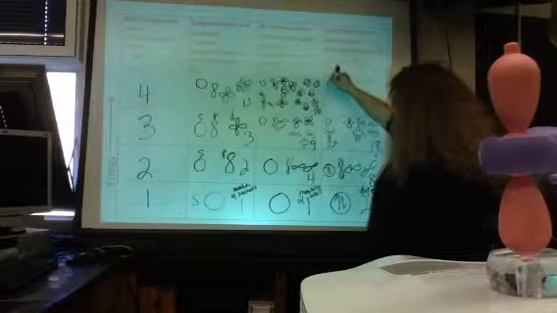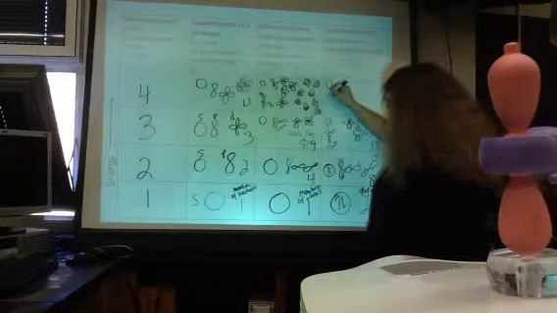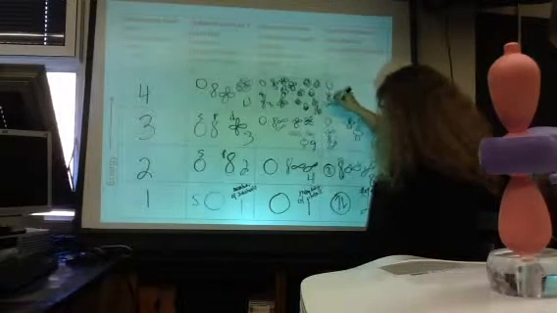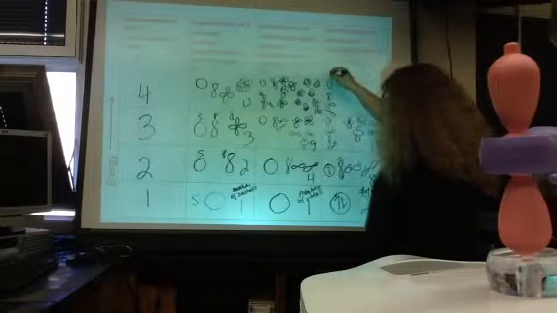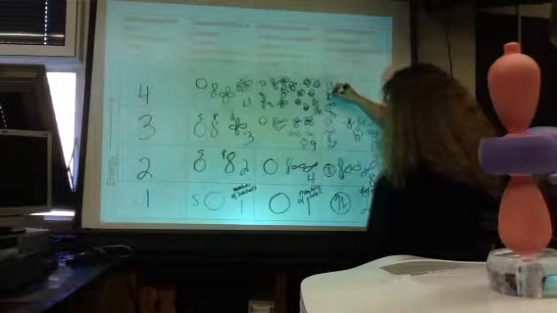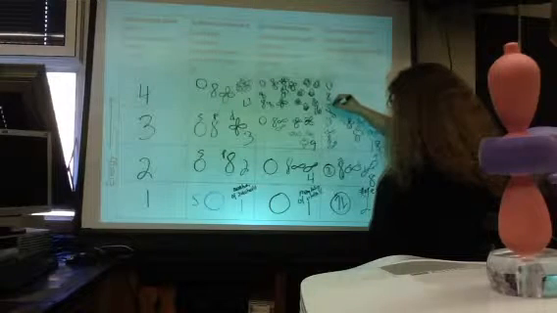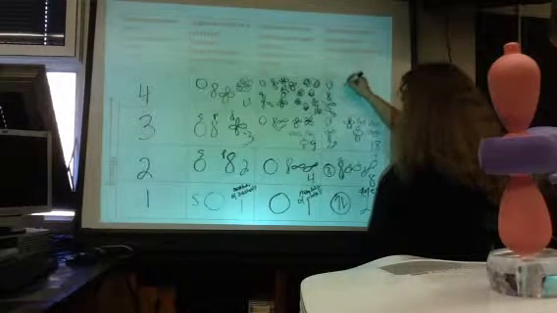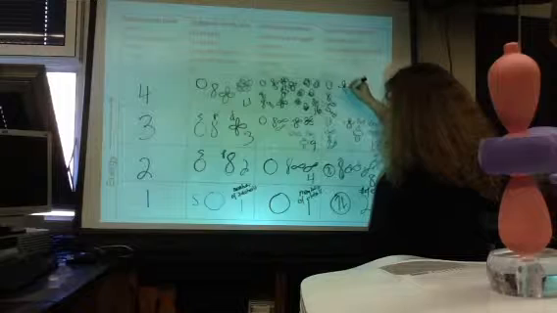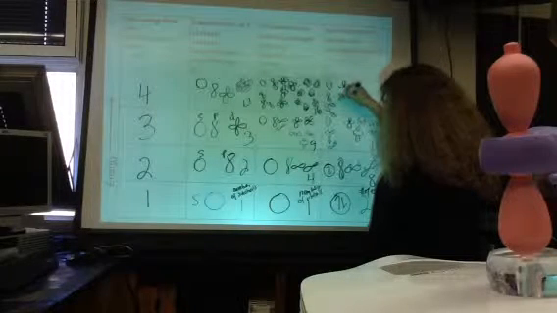Now, for electrons, oh man, do I have to draw this? Yes. 1 up, 1 down, 1 up, 1 down, 1 up, 1 down, 1 up, 1 down. And the D's. I'm going to try to draw my D's neater, that's my goal.